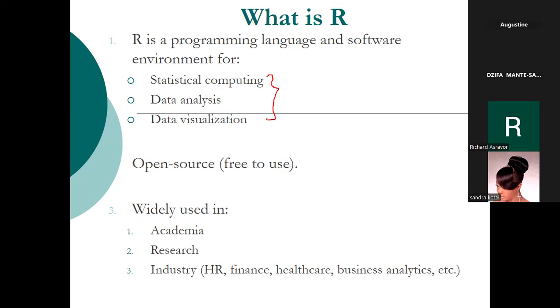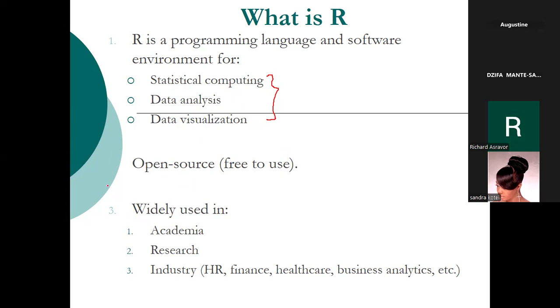As I've told you, it is for statistical computation, analyzing data, and then visualizing data. From the beginning, I told you that we have moved beyond the manual way of doing things to a more computer-driven way of doing things.